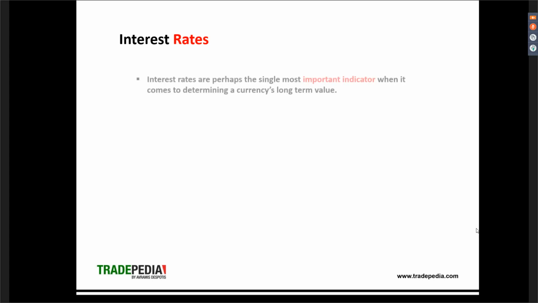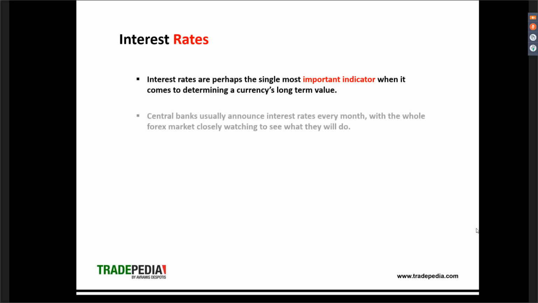Starting from interest rates, they are perhaps the single most important indicator when it comes to determining a currency's long-term value. So in the long term, interest rates have the biggest effect between two currencies. Now, central banks usually announce interest rates every month, with the whole forex market watching closely to see what they will do.